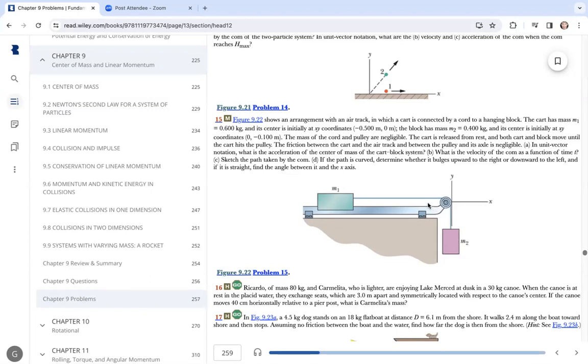So you only have to find the acceleration of each individual mass. You just have to make sure that you multiply it by the right mass, M1 for this one, M2 for this one. And then you can find the acceleration of your center of mass.